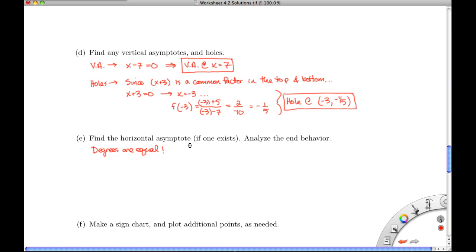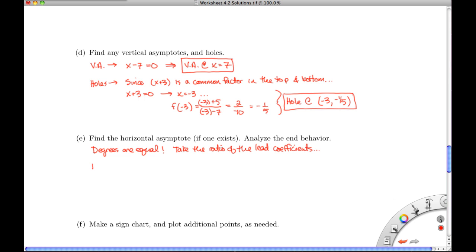And this implies that we're going to take the ratio of the lead coefficients of the top and the bottom. And again, in this case, we could use the simplified or non-simplified, and regardless, we're going to get the same one. The simplified one might be a better one to use just because it might be a little bit more straightforward.